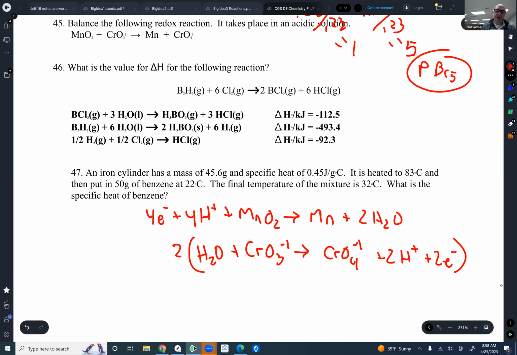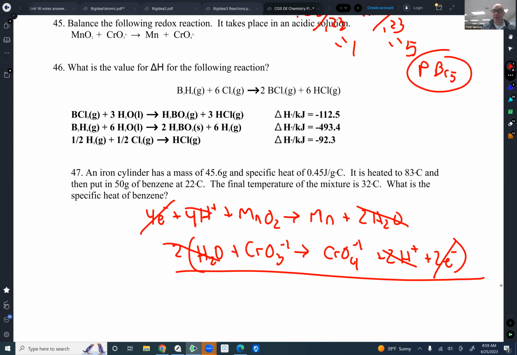My electrons are not equal, so I'll multiply everything by 2. That means the electrons are going to cancel out. This means my waters are going to cancel out, as well as my hydrogens. So my final answer becomes something very simple. It just becomes what it was written as. Let's see here. 2 waters, 2 waters.